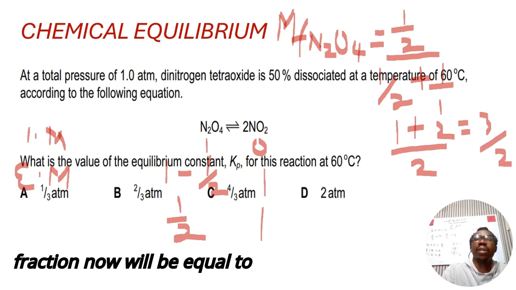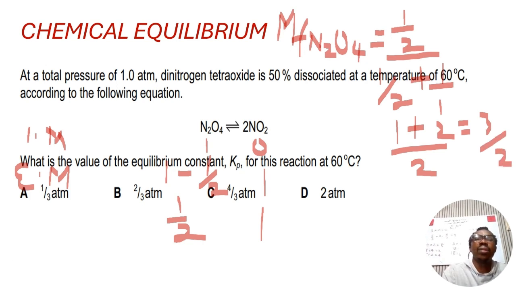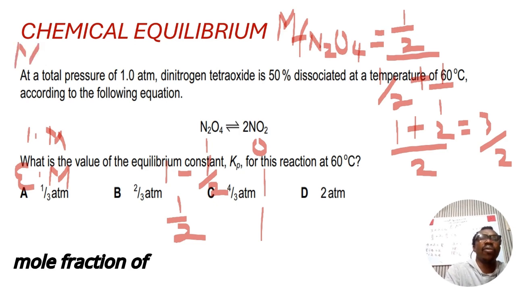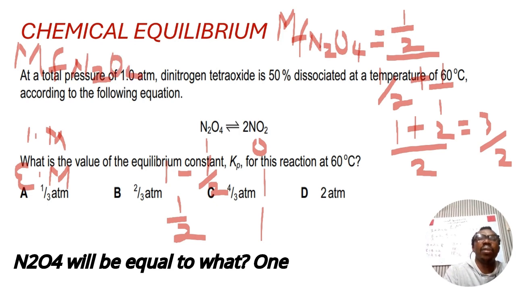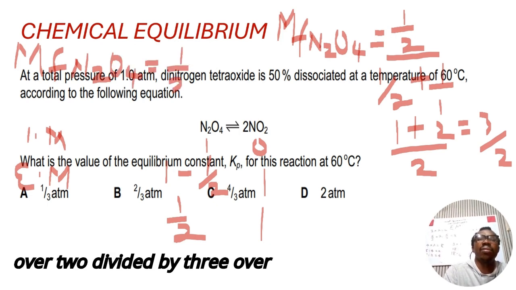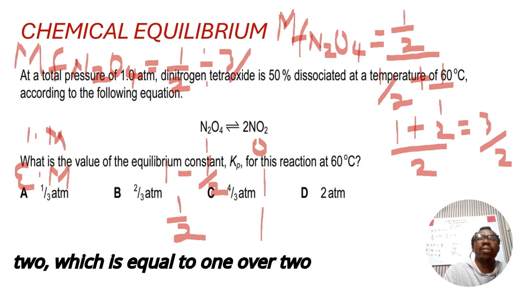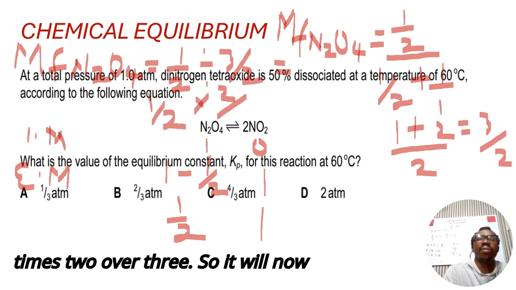So the mole fraction of N2O4 will be equal to what? 1 over 2 divided by 3 over 2, which is equal to 1 over 2 times 2 over 3.